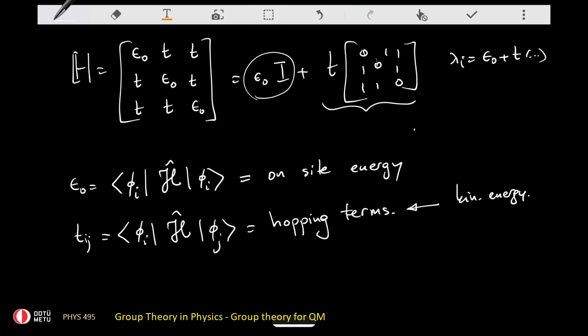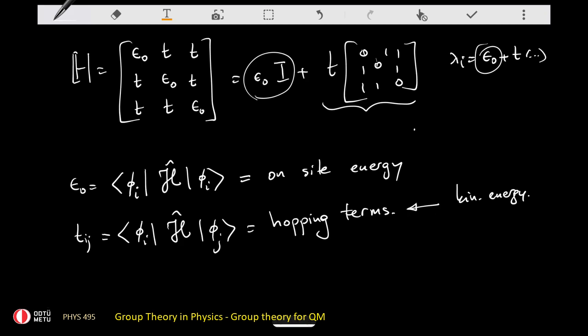We are going to discover that that's going to be the form. Epsilon 0 just shifts all the energies by a certain amount. This is usually negative, of course, so that all of the orbital energies are negative, because when you leave the electron there, it cannot escape to infinity.